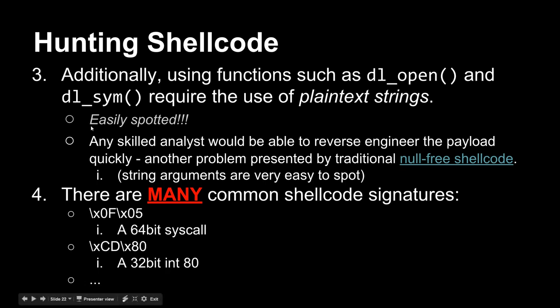Getting full paths to libraries or function names, and just the full string, is something that should be cross-referenced against the IAT for the given binary. If it has strings for functions that are not in the IAT, you've got a problem. That's a sign of shellcode.